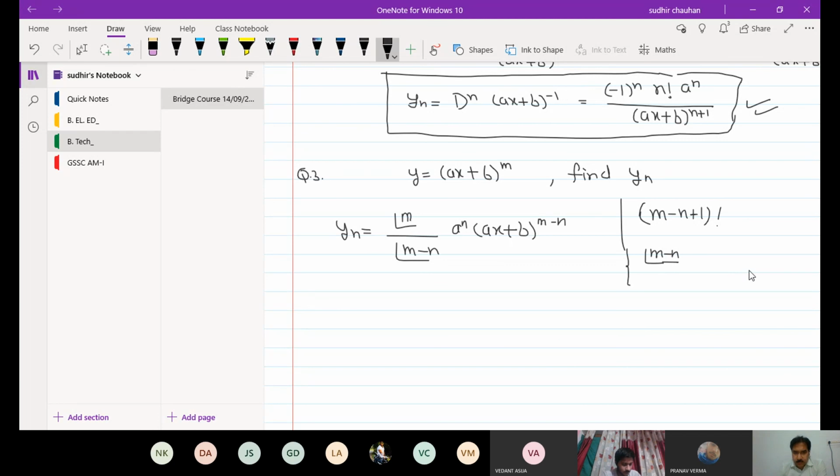So yn I think will be m minus 1, m minus 2, am I right? And so on up to m minus n minus 1. Then it is a raised to power n, and then it will be ax plus b raised to the power m minus n.